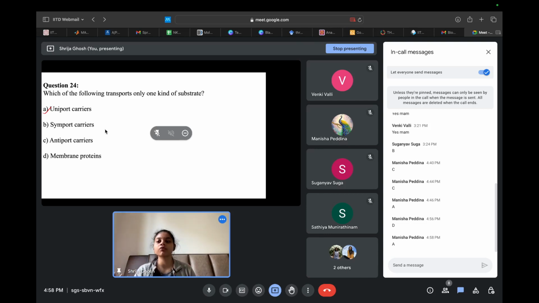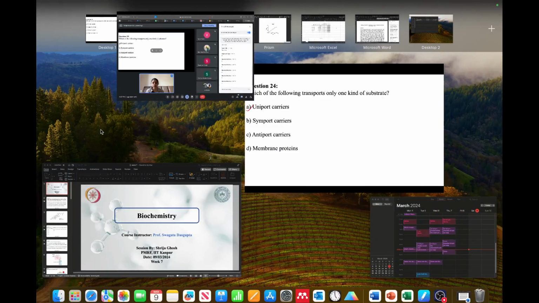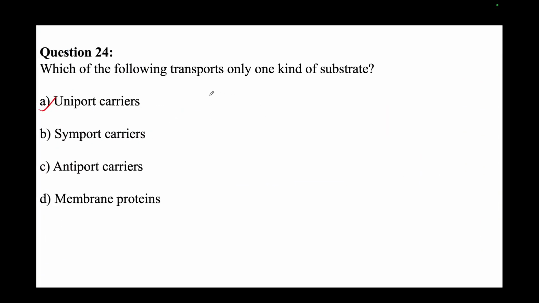For symport carriers, two molecules are moving simultaneously from one side of the membrane to the other. For antiport carriers, one molecule is moving from one side to the other and the second molecule is moving in the opposite direction. Anti means opposite direction. So uniport involves movement of only one kind of substrate.